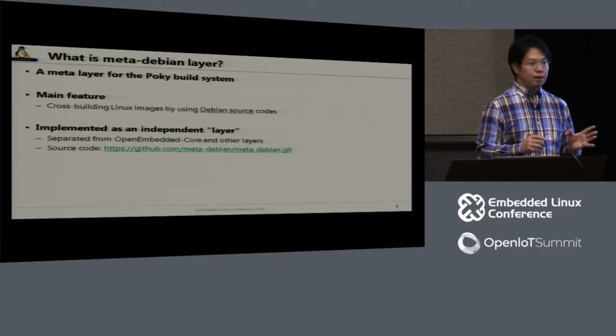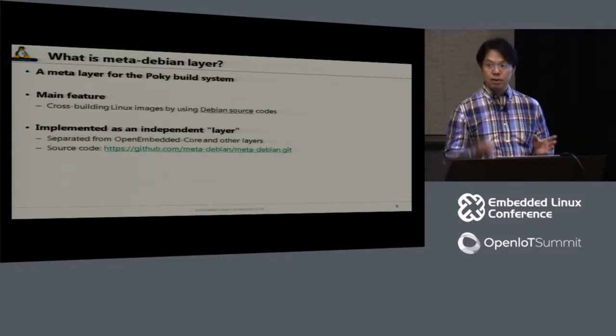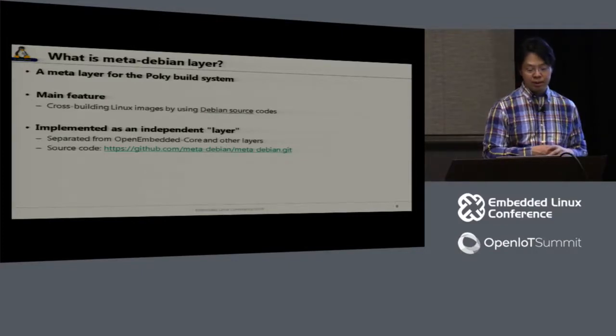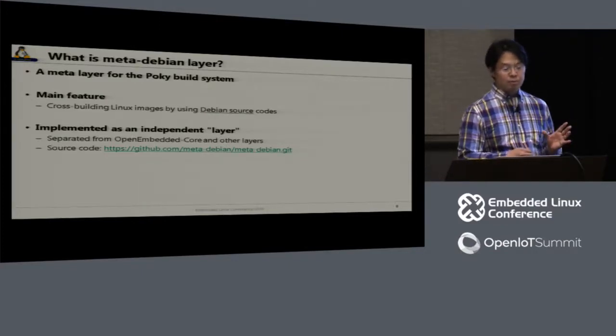The Poky build system has the ability to build a customized embedded Linux environment, and it also includes BitBake for this purpose. We implemented this meta layer on top of the Poky build system using Debian source code. This is already available on GitHub, and you can go to this website and clone the source code.